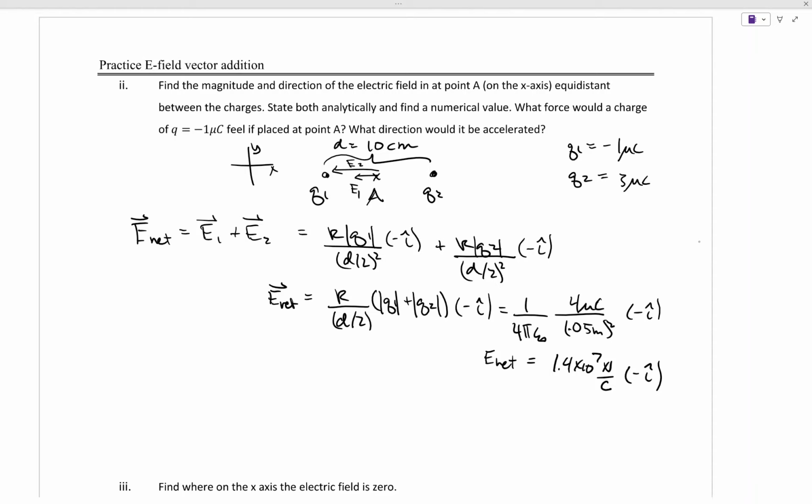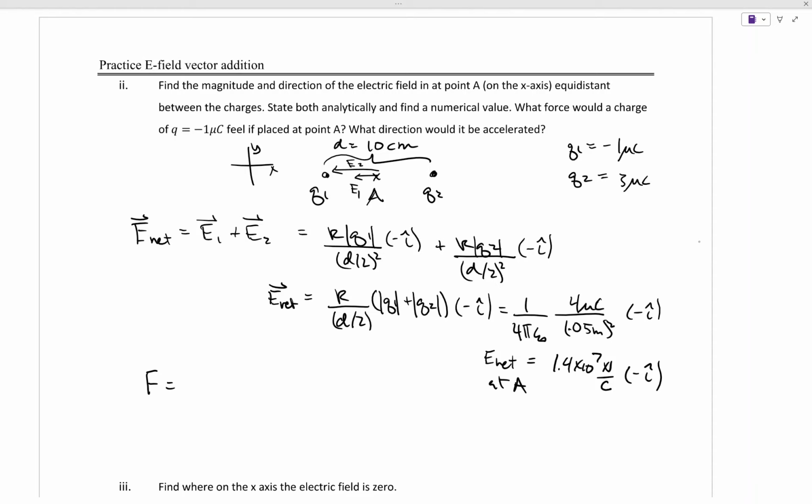That's the numerical value. Now, the last bit of this question asks us, if we were to place a charge of Q equals negative 1 microcoulomb at that location, what would the force be? Well, remember, this gets at the definition of electric field.